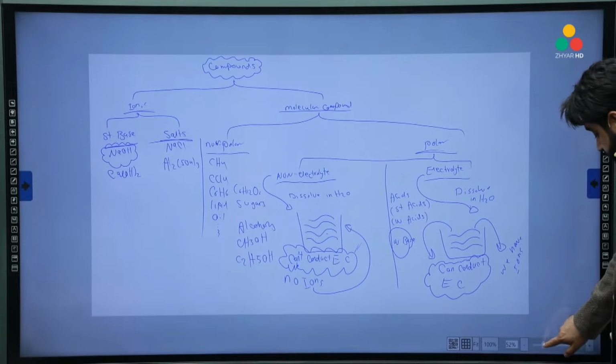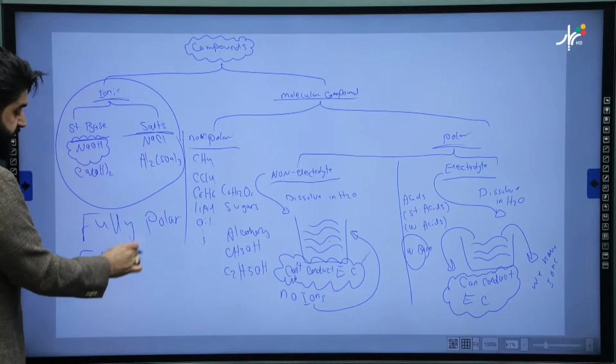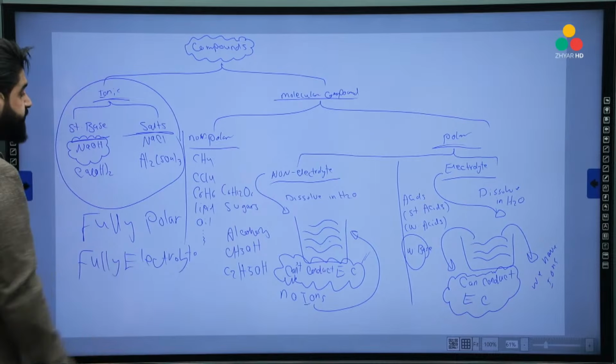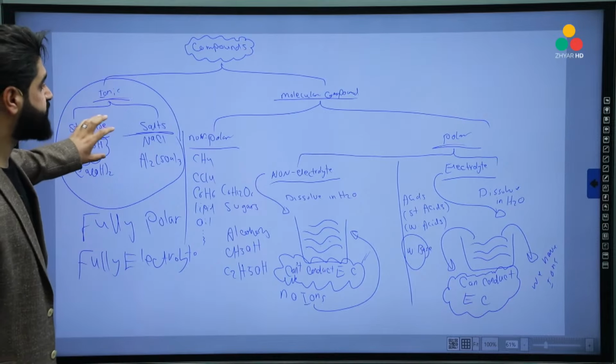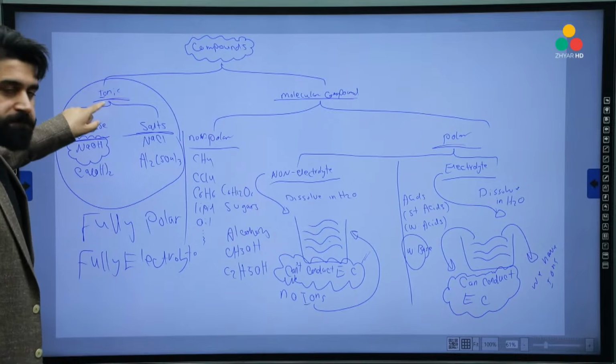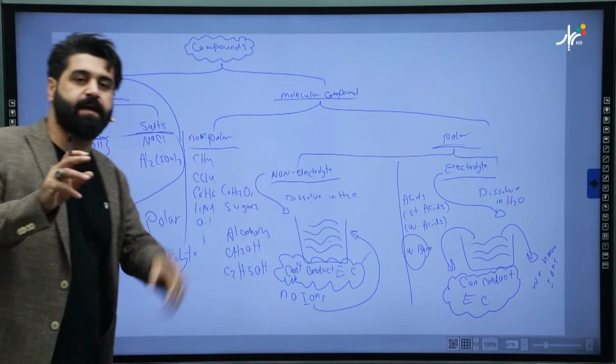Actually, ionic compounds are fully polar and fully electrolytes. But why do we write them separately? Because they have a different type of bond.